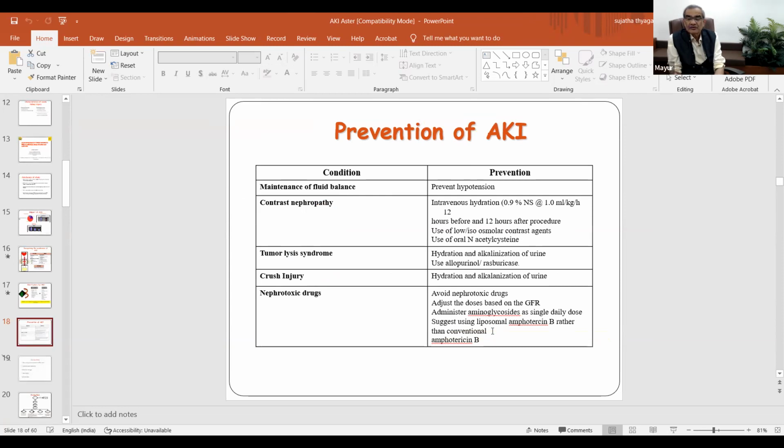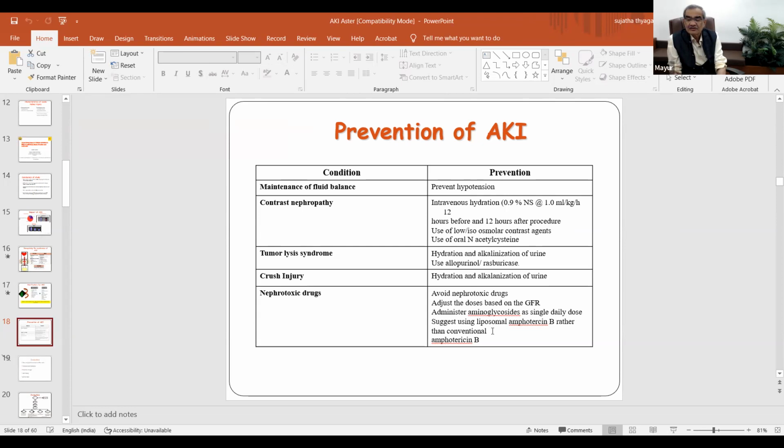So it is important to give attention to preventing AKI, or if not completely prevent, reducing the severity of AKI. And the most important being maintenance of fluid balance and preventing hypotension. Then there are some examples I have given, like contrast nephropathy. You know that the children should be properly hydrated, and we should make sure that low or isoosmolar contrast agents are used, and there is a role for use of oral N-acetylcysteine.